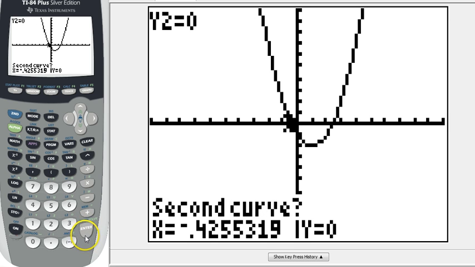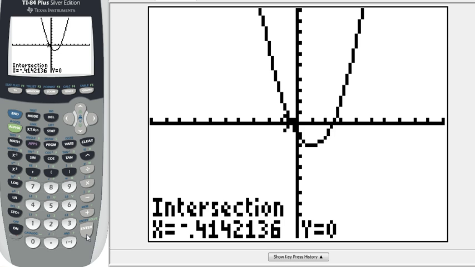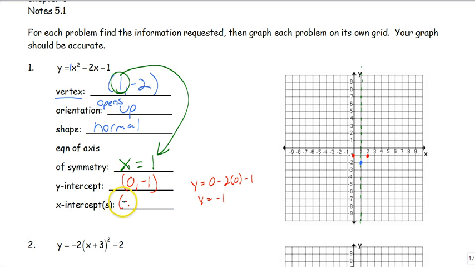I'm going to hit enter, enter, enter, and I get -0.414. Round to 3 decimals if it's a rounding one. If I want exact, this tells you that you have to use the quadratic formula to solve this if you wanted those values exactly. But for now, we just want to know what they are. So I get -0.414, so I'm going to write that one down. So I have (-0.414, 0).